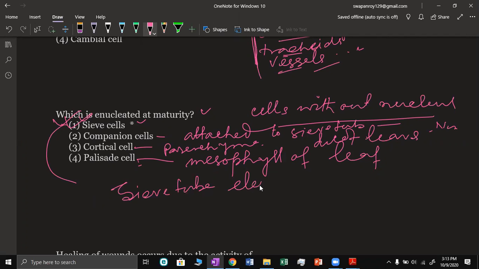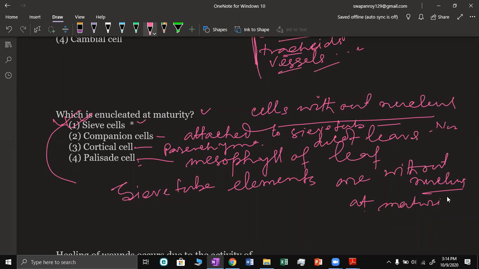Sieve tube elements are without nucleus at maturity only. In the earliest stage, actually, they have nucleus. See, nucleus is absent in sclerenchyma also, tracheids also, vessels also.